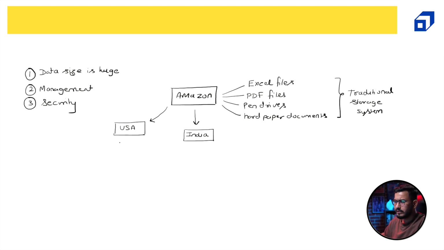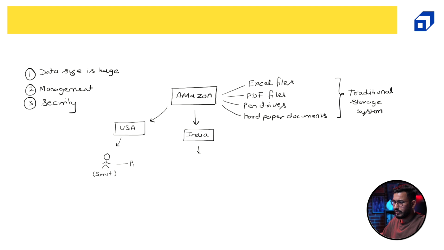Now let's say there is a person, let's say this is me, Sumit Bhaiya. So let's say there is a person, Sumit, who is sitting in USA office working on a particular project. I'll name this project as P1.